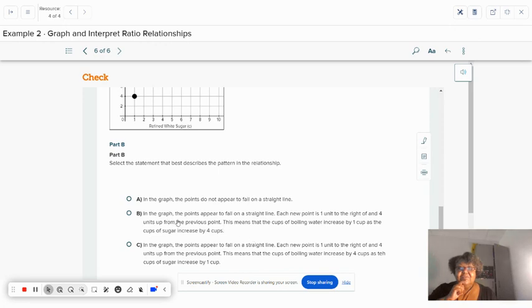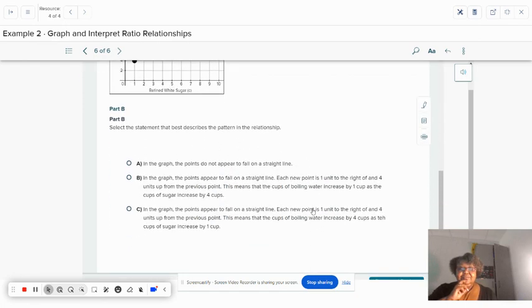In the graph, the points do not appear to follow a straight line. Or, in the graph, the points appear to follow a straight line. Each new point is 1 unit to the right and 4 units up from the previous point. This means that the cups of boiling water increase by 1 cup as the sugar increases by 4 cups.